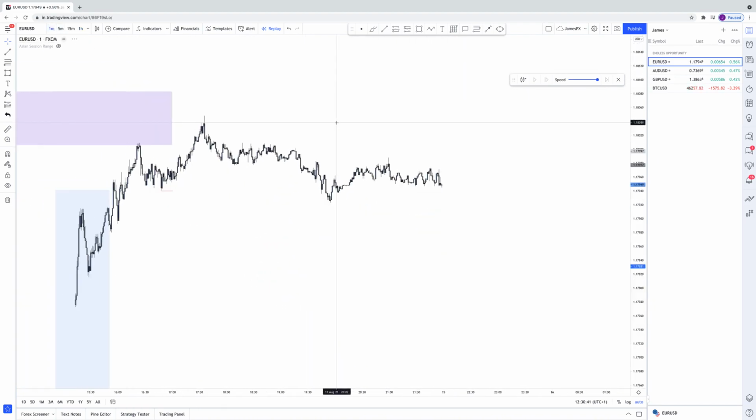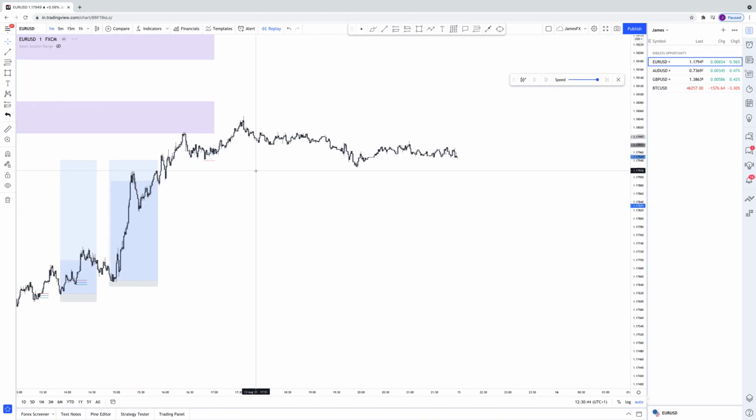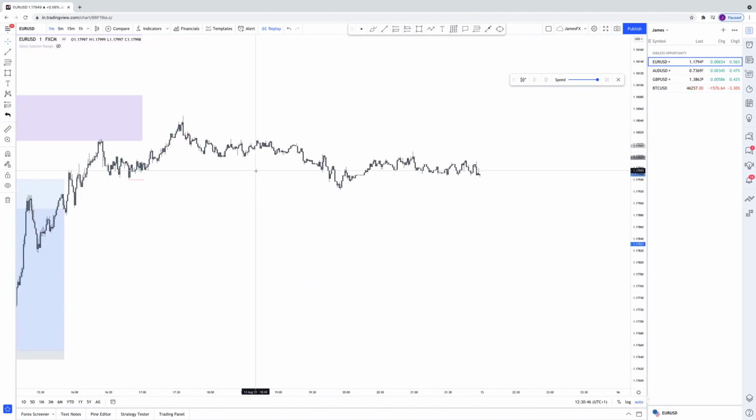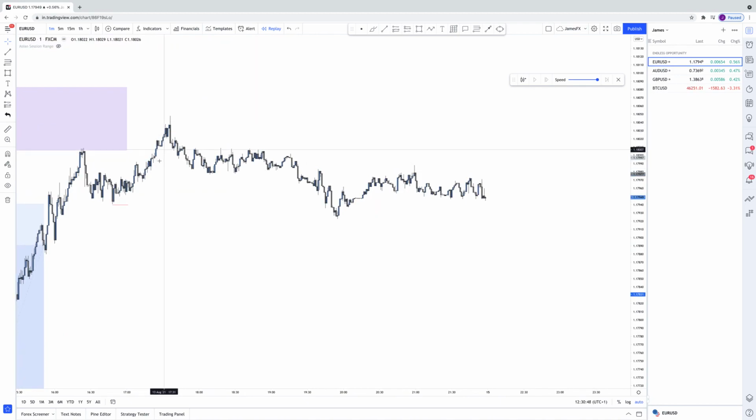So on the 1 minute time frame, you can see it's just a bit messy. We have a break of structure, but the swing point, we have a pullback here, we break it.